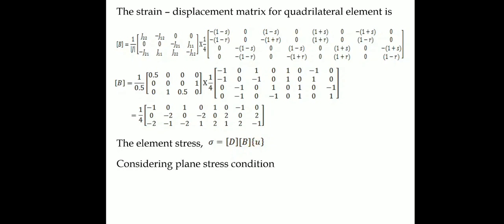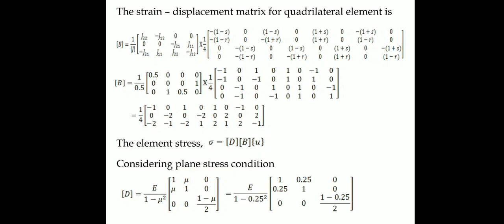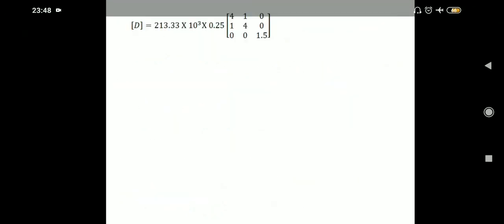For a plane stress condition we know that D is equal to E divided by 1 minus mu squared into the matrix 1, mu, 0; mu, 1, 0; 0, 0, (1 minus mu) by 2, and substituting values we get D equal to 213.33 into 10 raised to 3 into 0.25 into the matrix 4, 1, 0; 1, 4, 0; 0, 0, 1.5.